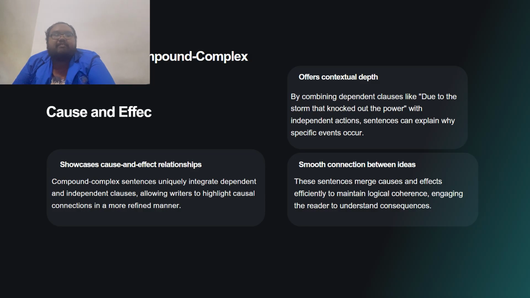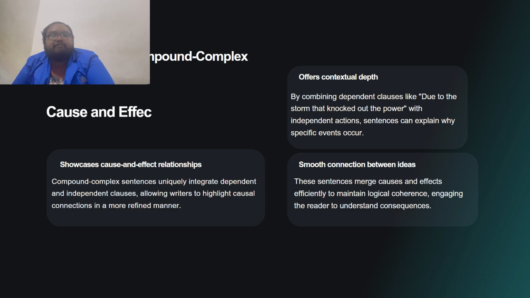Okay. Now for examples of compound complex sentences, cause and effect showcase cause and effect relationships. Compound complex sentences uniquely integrate dependent and independent clauses, allowing writers to highlight causal connections in a more defined manner.